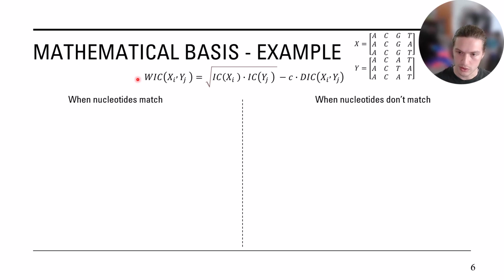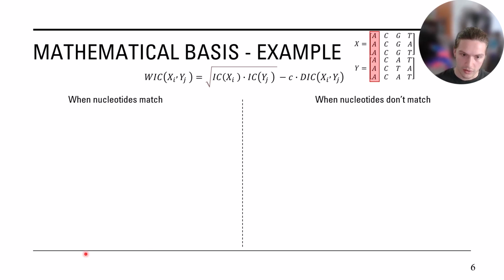We're not going to go through all the positions just because it's a little redundant to do all of them, but we will go through the 0th position, which will show us what the weighted information content looks like when all of the nucleotides match, and then we'll go through the 2nd position here, position 2, where X has all of the values matching with G, and then Y has ATA. And that'll show us what happens to weighted information content when they don't match.